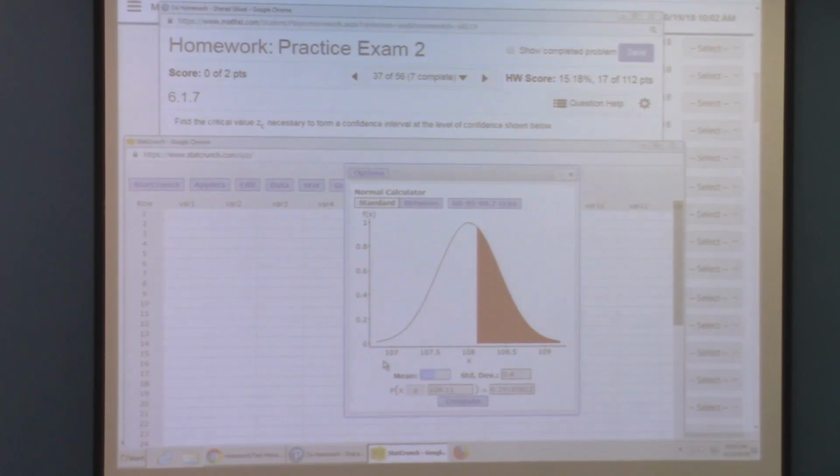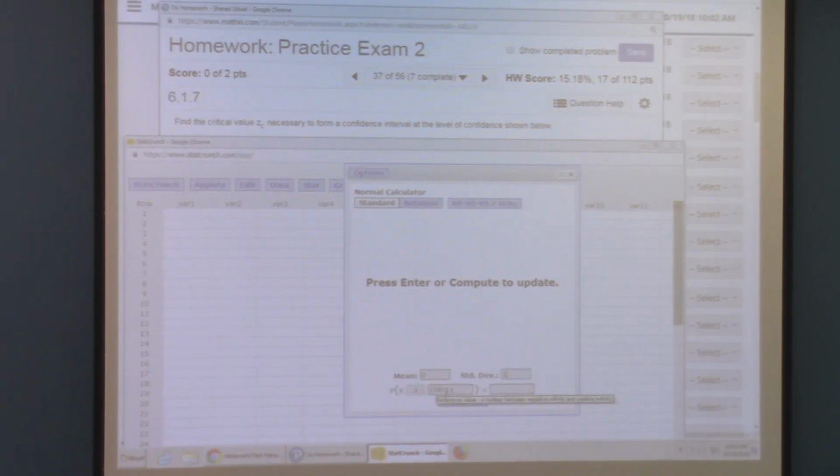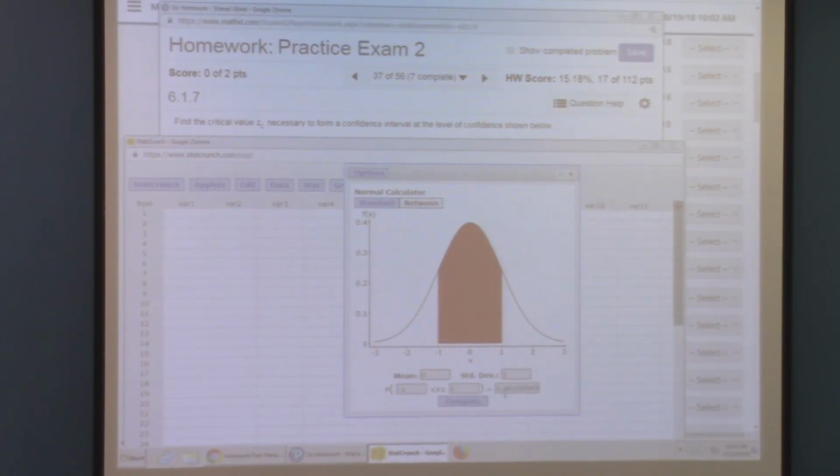In the z distribution, the mean is 0 and the standard deviation is 1. When looking for the critical value, you want the 80% area in the middle, and these are the critical values. We only use the positive one because the other is its negative. This is the critical value for 80% confidence.